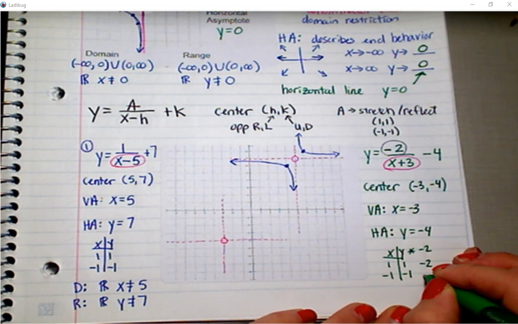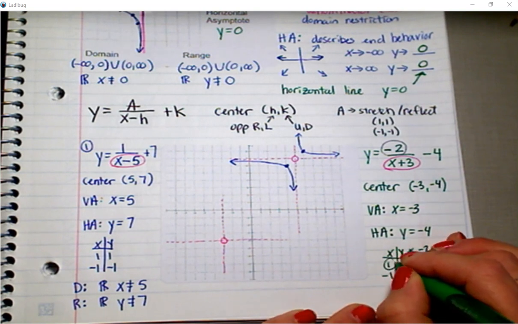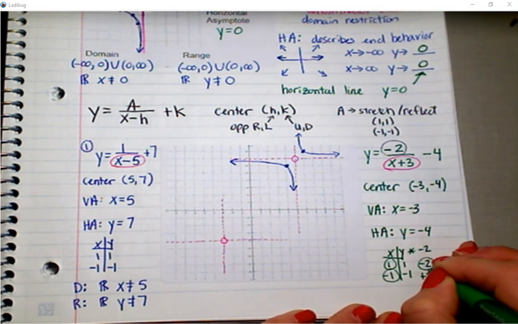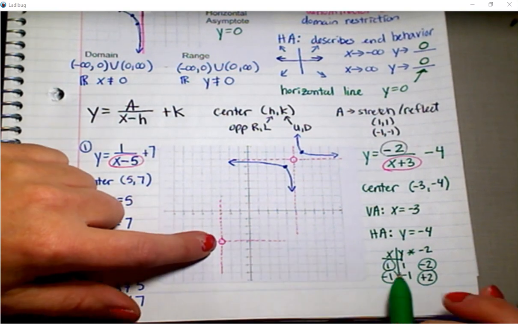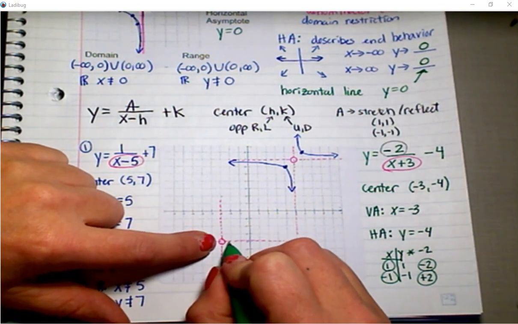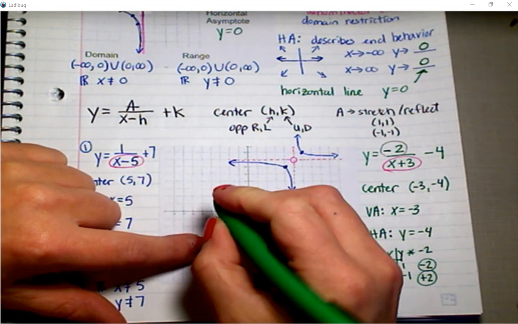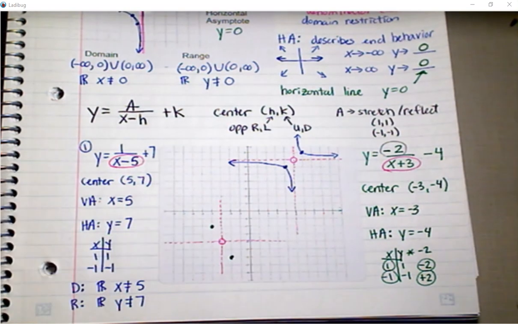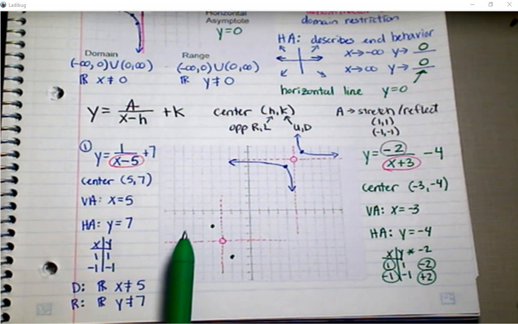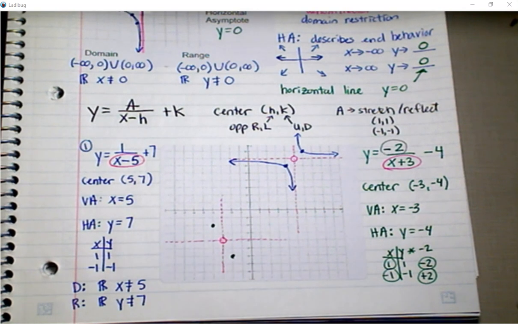All right, so I'm just going to circle. From the center, we're going to count our points: 1, negative 2, negative 1, positive 2. And from those points, we're going to draw those curved shapes. Now notice we've sort of divided this up into 4 sections.